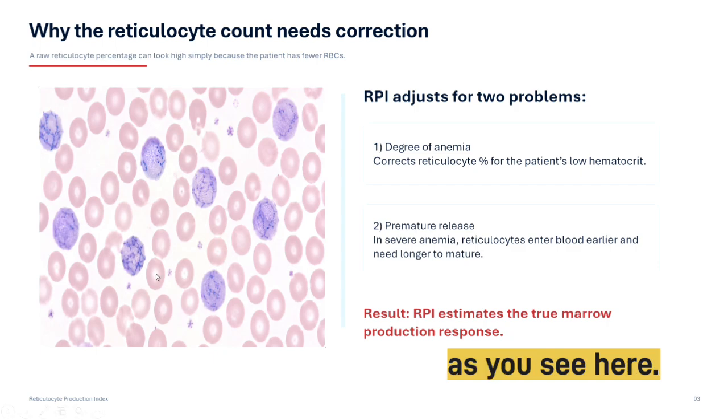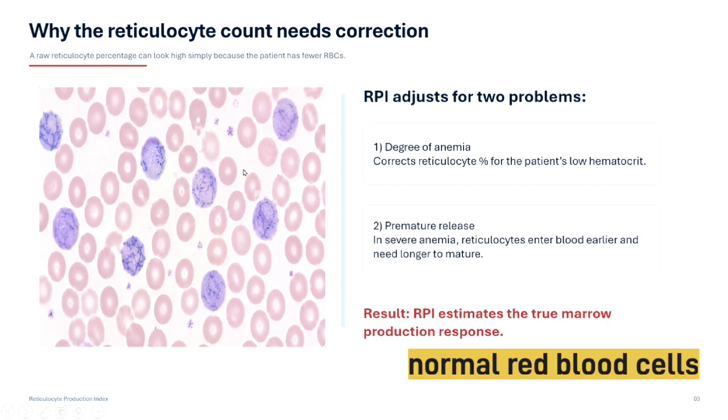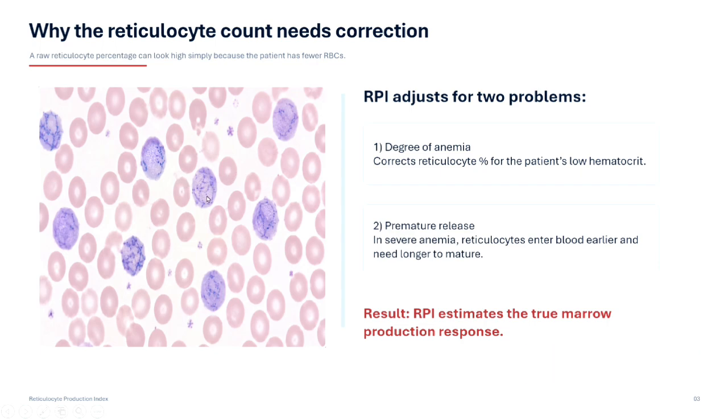As you see here, these are mature anucleated red blood cells, normal, but these are larger than normal red blood cells and have a network of basophilic strands or dots.